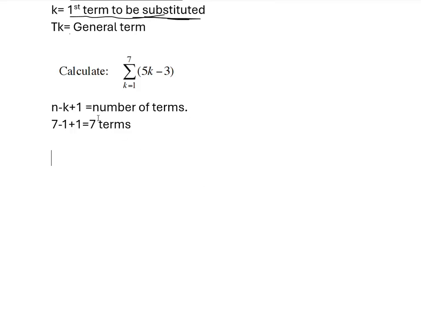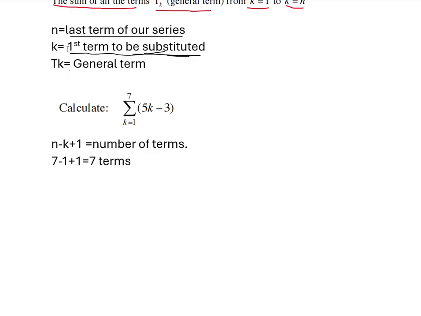Let's do that now. So we have sigma from k equals 1 to 7 of 5k minus 3. I said k is the first term to be substituted when you find your series pattern. So let's find our series pattern.